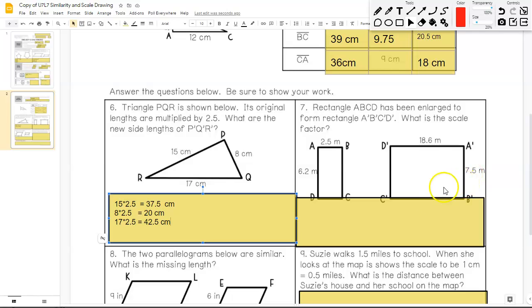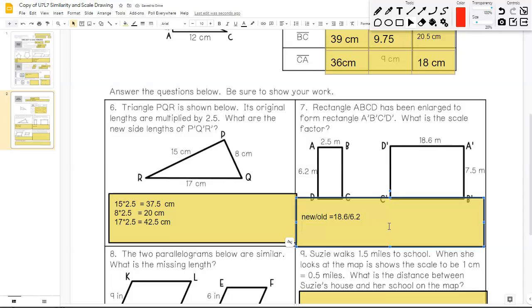So what is the scale factor? Remember, this is our new one, so our scale factor is what divided by what. Go ahead and answer that. All right, our formula is new divided by old. So in our case, 18.6, which is our long side, divided by 6.2.